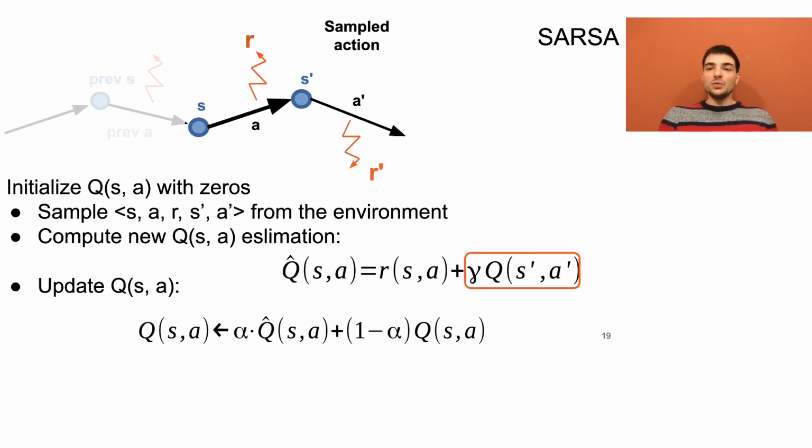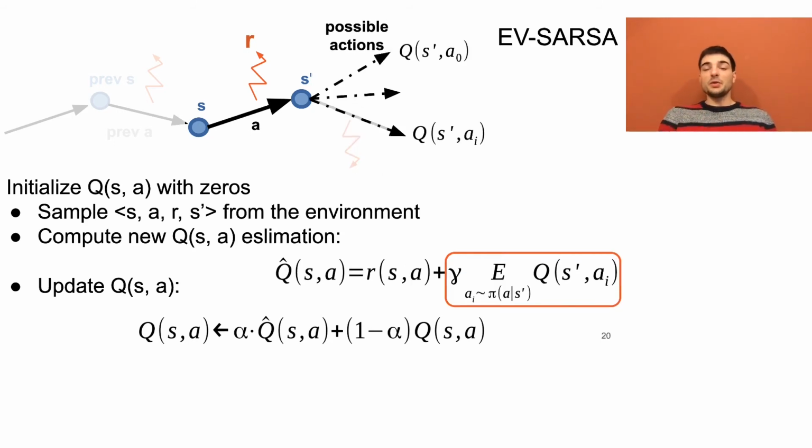We can try to fix it a bit by introducing not just a simple sampling procedure, but the mathematical expectation. So once again, we get to the next state. Now we take our policy, and we compute the expected value of our Q function for every action in this potential state where we are located. Instead of simple sampling of the next action, we think, what will happen if we select action 0?